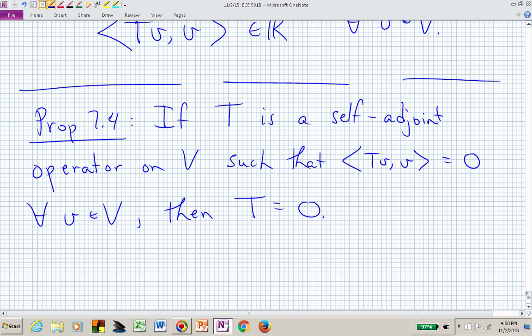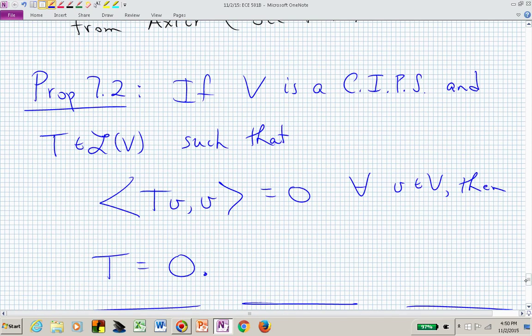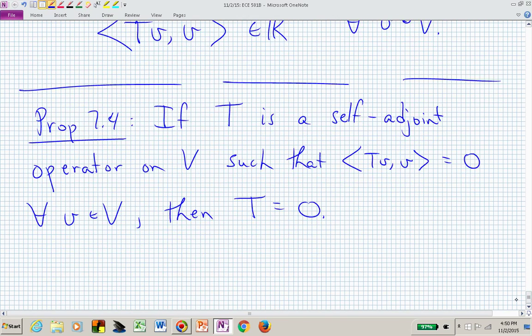But what's the restriction on this linear operator T in 7.4 versus 7.2? In 7.2, we just needed it to be a linear operator. We didn't say anything about its more demanding characteristics. Now in 7.4, we're saying that operator is self-adjoint. So the operator is equal to its adjoint in 7.4.